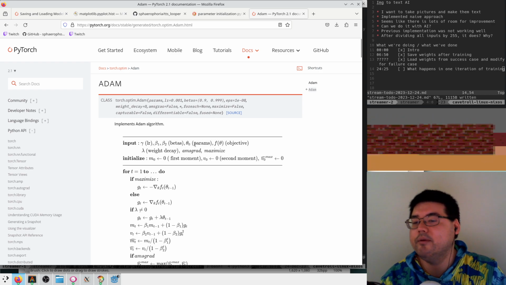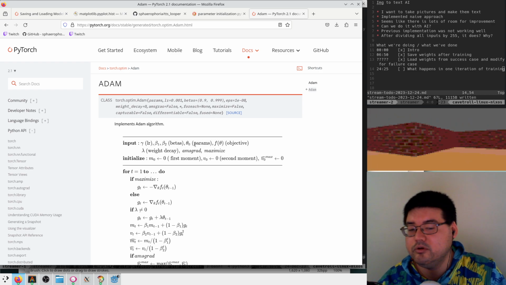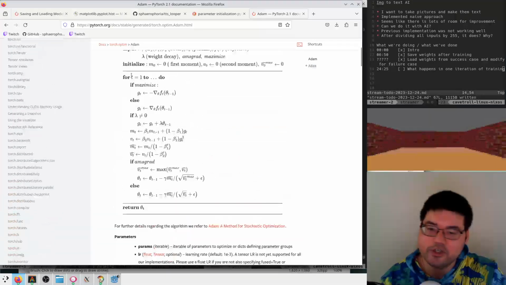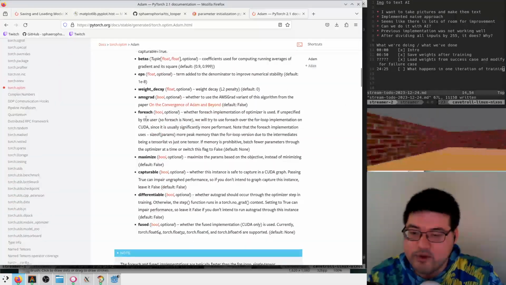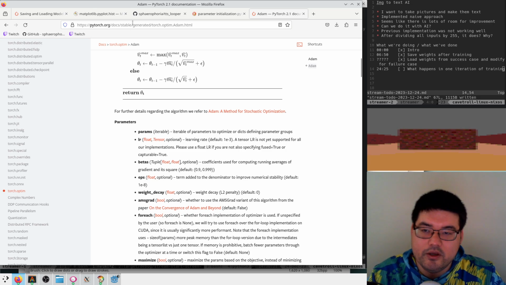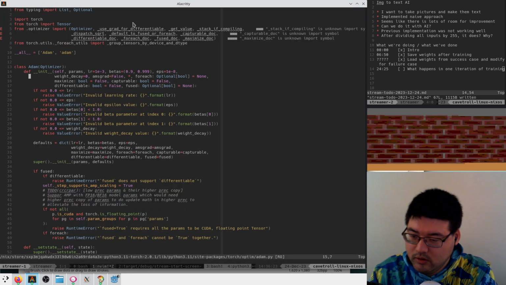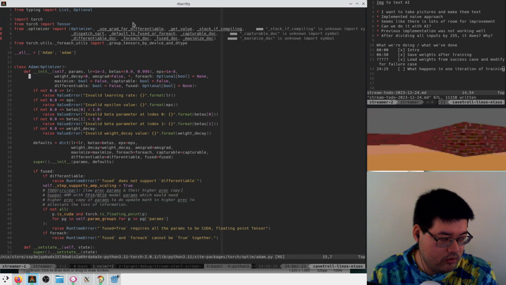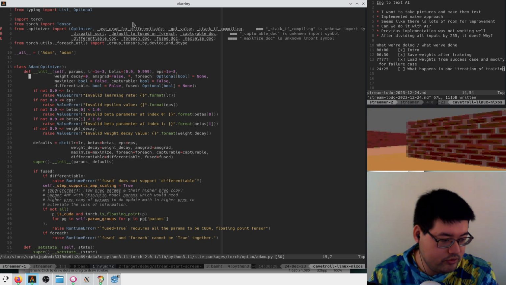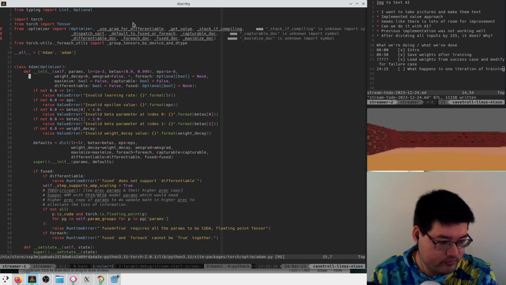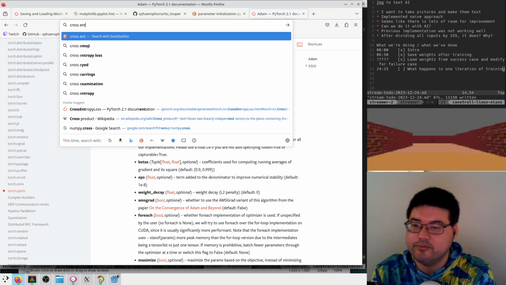I guess the params and the objective depend. I don't actually know how cross entropy loss works either, so that might also be interesting. Cross entropy loss.